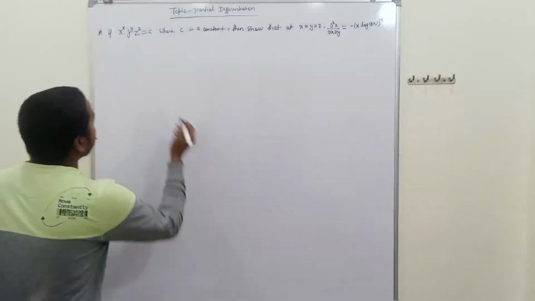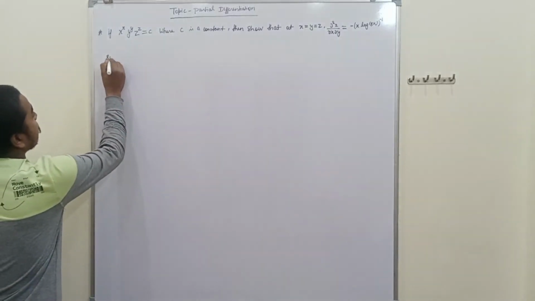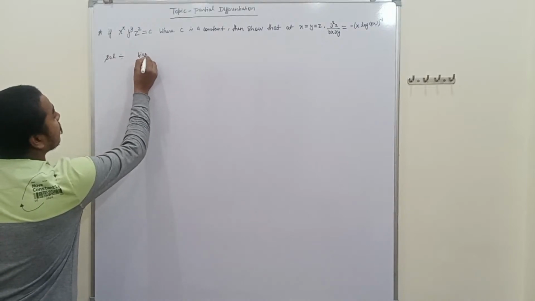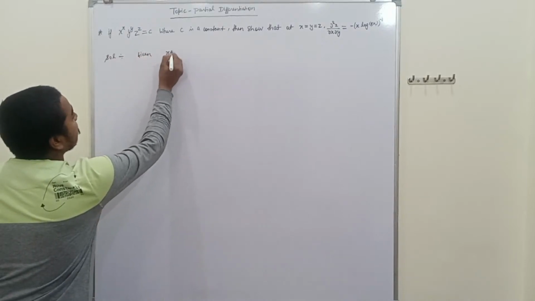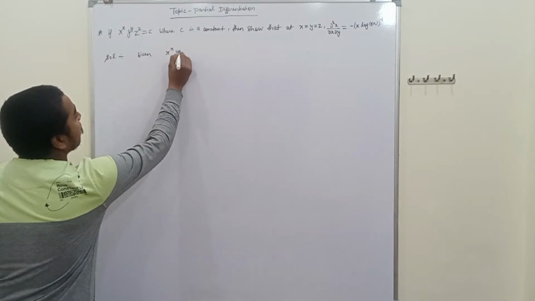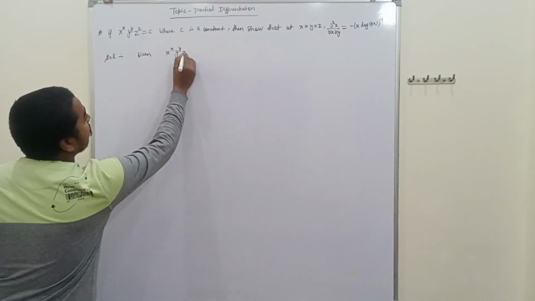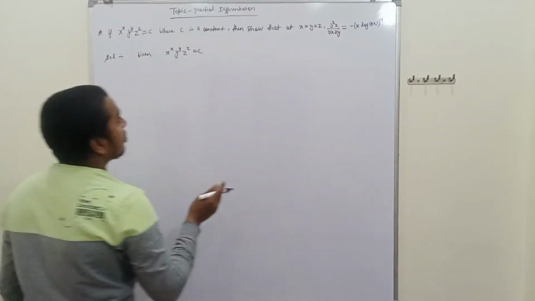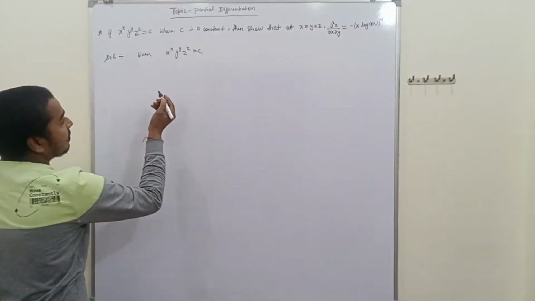Let's solve the problem. Given x^x times y^y times z^z is equal to c, and a condition is given.